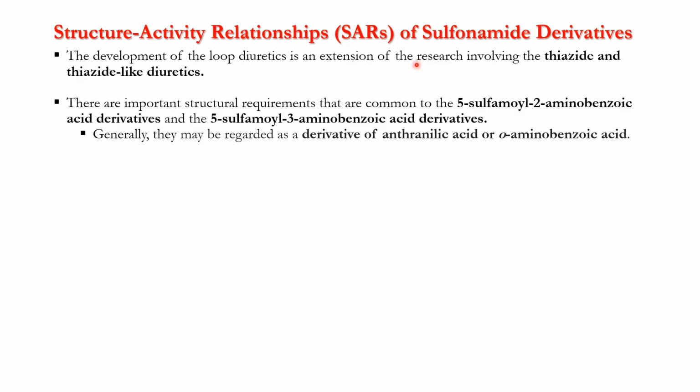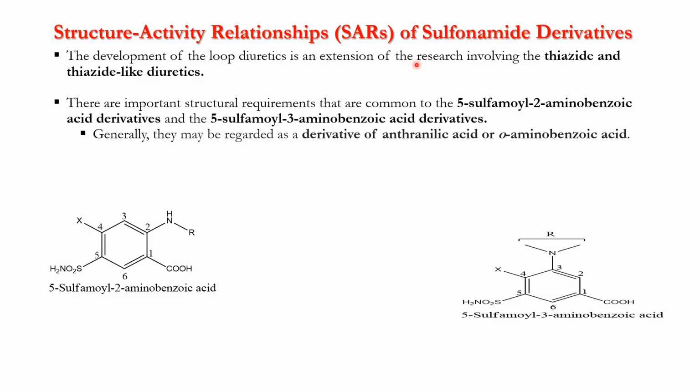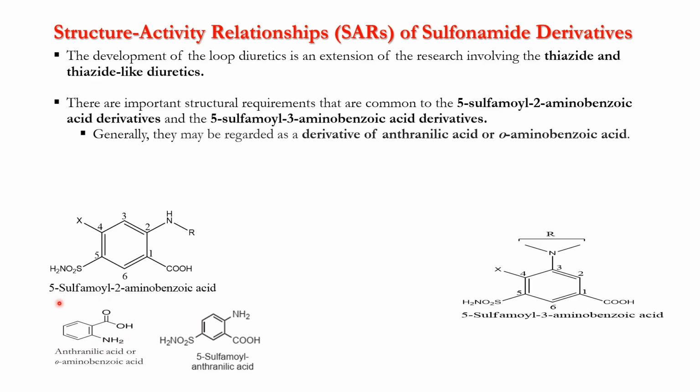Generally, these derivatives are taken from anthranilic acid, or ortho-aminobenzoic acid. As you have seen from the structure here, this is anthranilic acid, where the amine group is found at the ortho position. They are derivatized from this one by simply adding at the previous positions. The numbering starts from the carboxylic acid as 1, 2, 3, 4, 5, so the sulfonyl group is found at position 5.